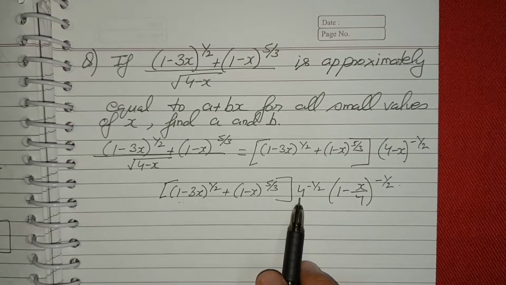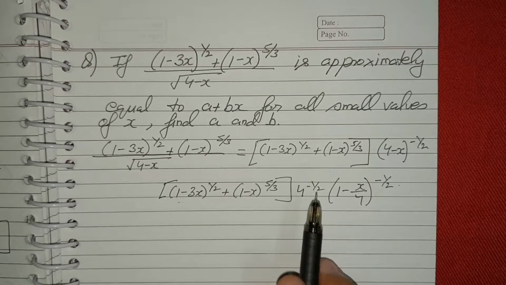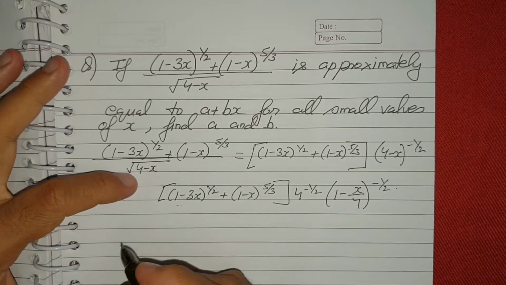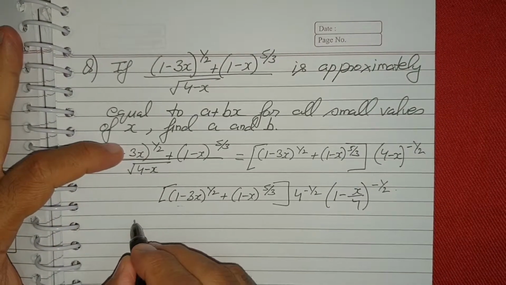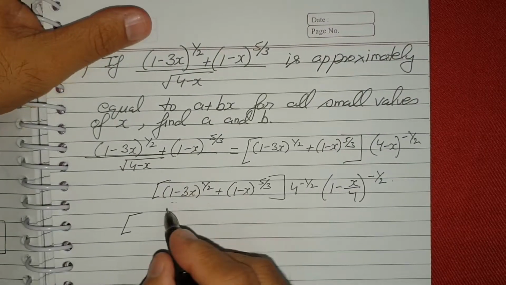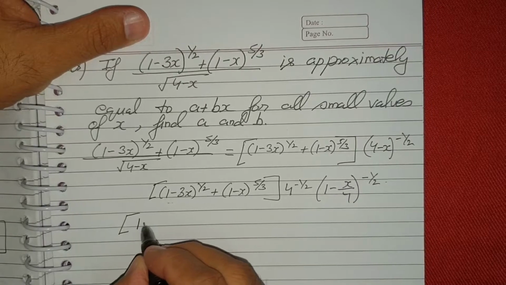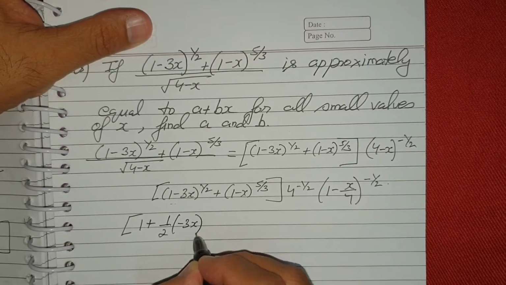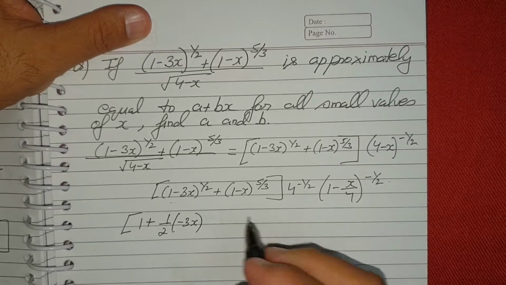Now see, 4 to the power minus 1 by 2, you can write it as 1 upon root 4, which is 1 by 2. Okay. So now expanding the bracket, this will give you 1 plus 1 by 2 times minus 3x. We are neglecting higher powers of x.